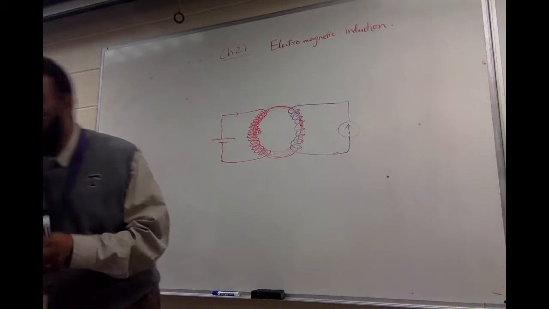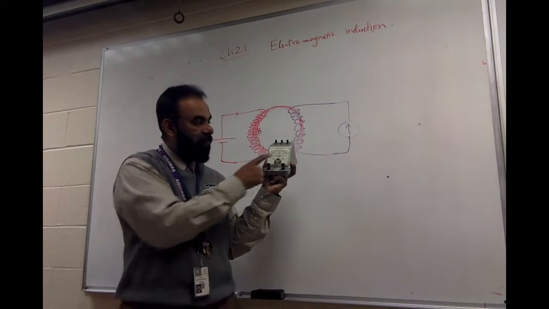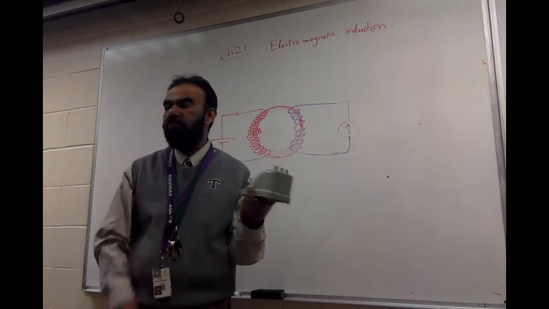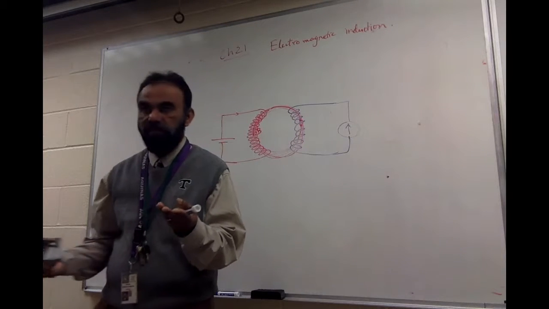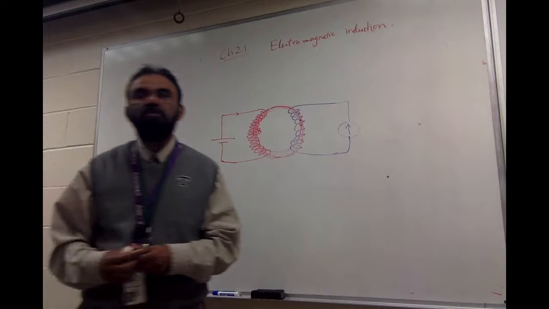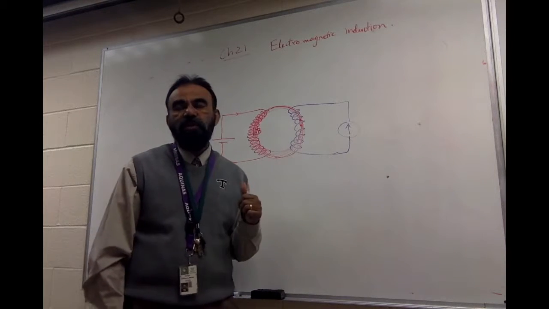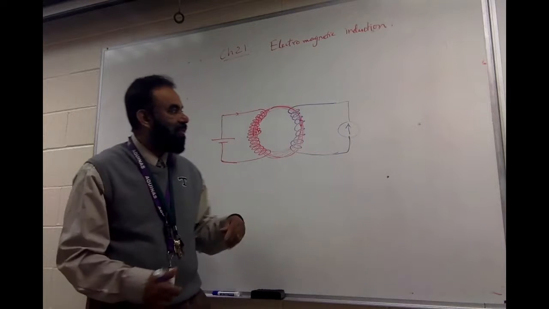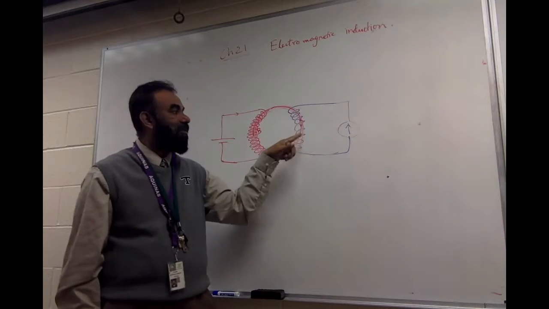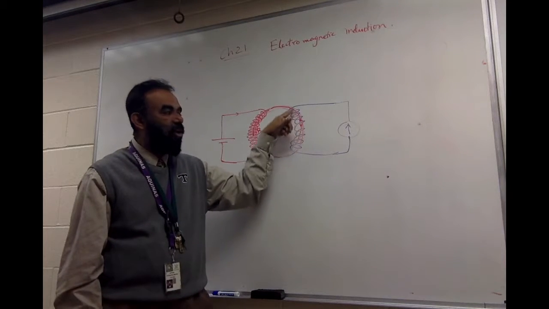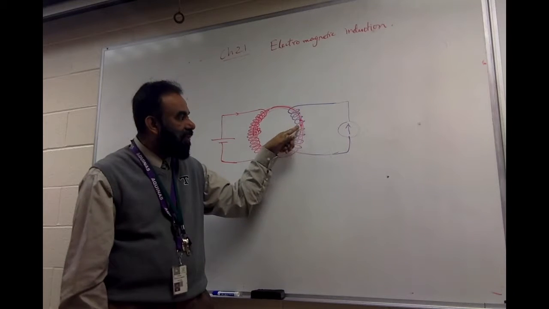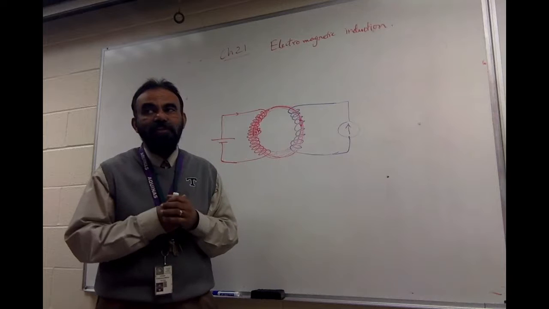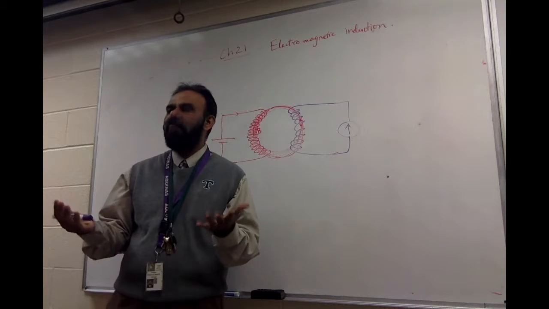What is the galvanometer's main purpose? To detect currents, right? He wanted to see the current. So he connected a galvanometer, hoping there may be current here. Why? Because you're subjecting this coil to a magnetic field. You're making a magnetic field go through the coil, so the coil must be getting some current.